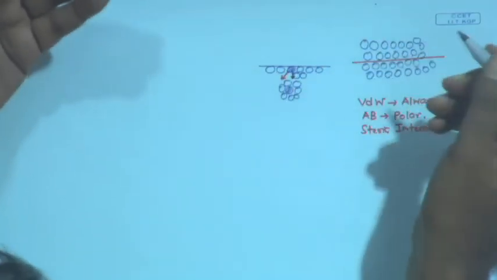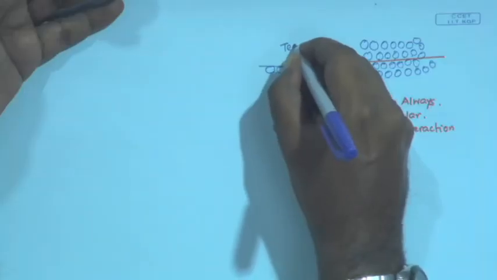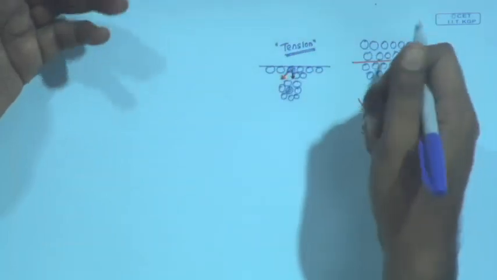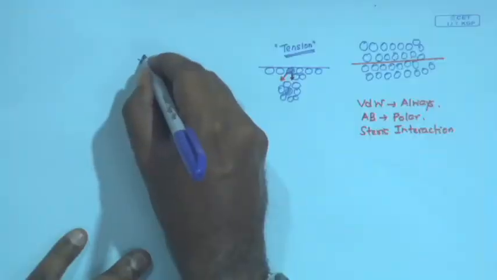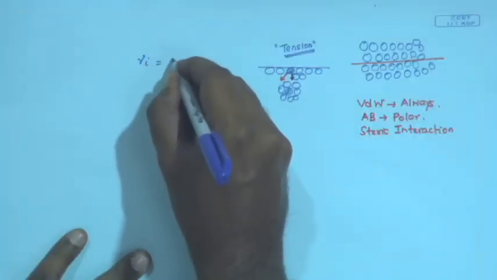This can be the other way of looking into what is surface tension, and also the word tension, because as if the surface molecules are pulled inward by the molecules of the bulk. Very important thing to note, surface tension has to be positive.